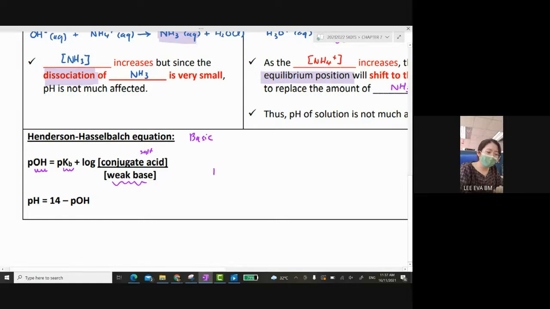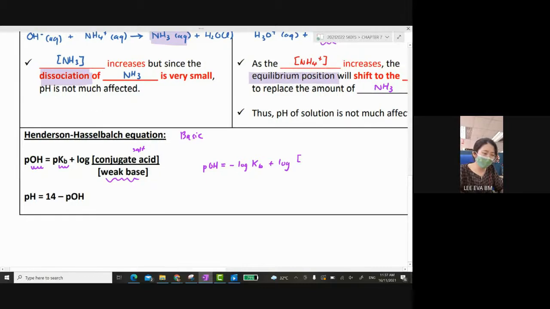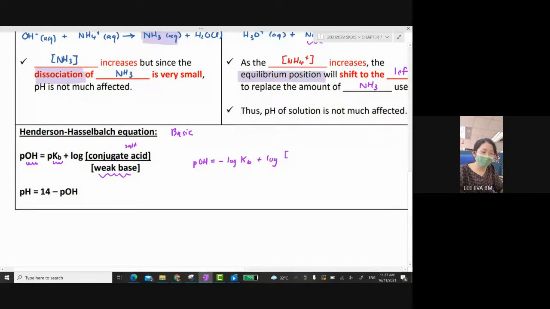So let's try to write out the equation for this example. pOH equals negative log Kb, plus log of conjugate acid over weak base. What is the formula for this example? NH4+.